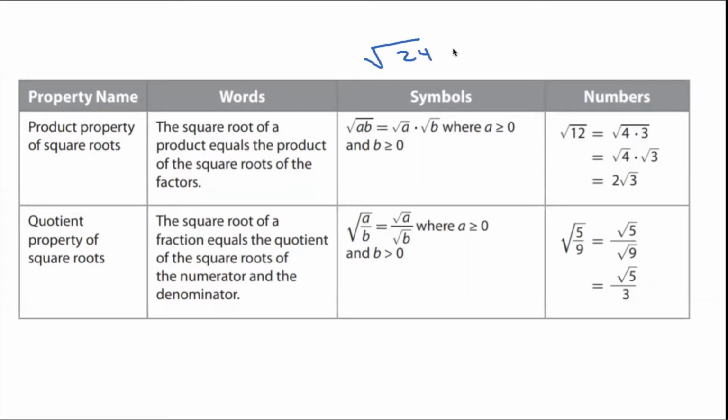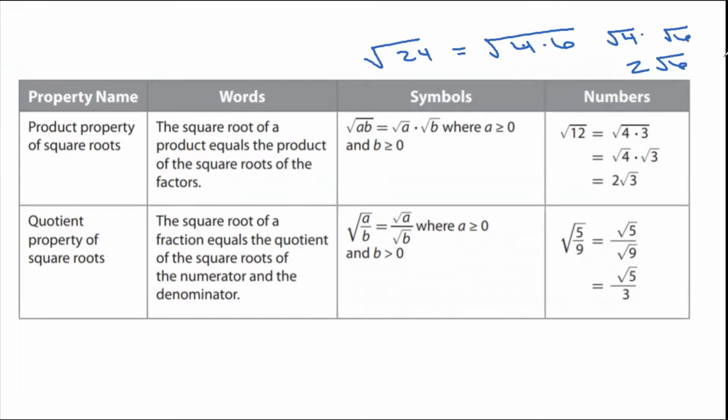We can separate that into two factors, 4 and 6, so 4 times 6, and separate their square roots, but we're still multiplying. It's a product, right? This will now become 2 square root of 6 in that case. So we're going to recall this part.